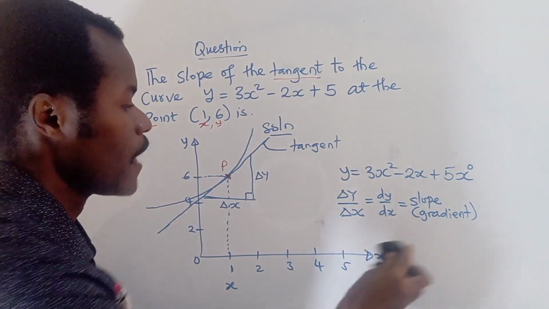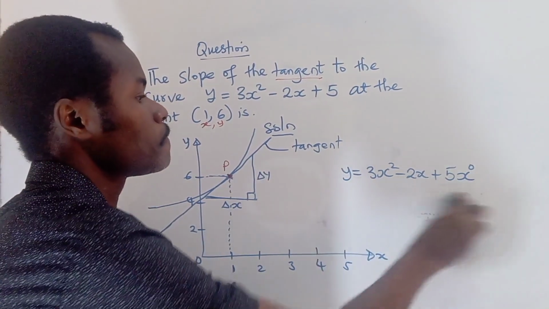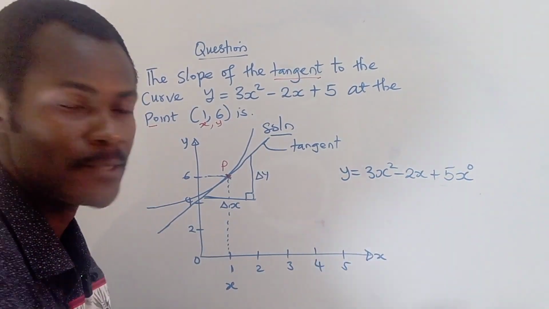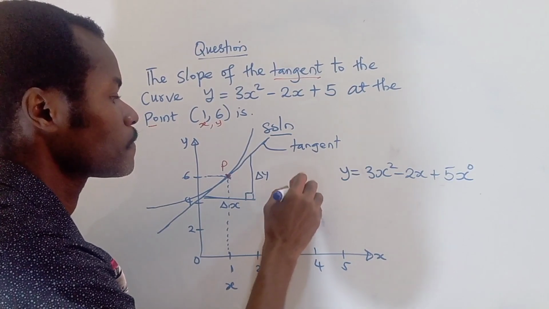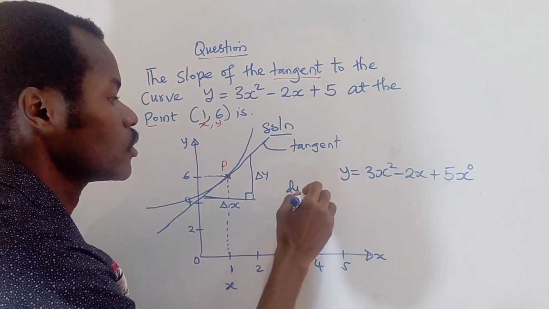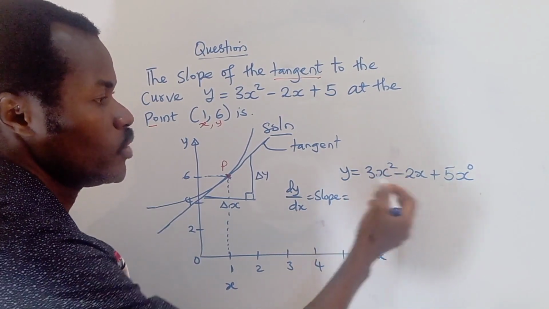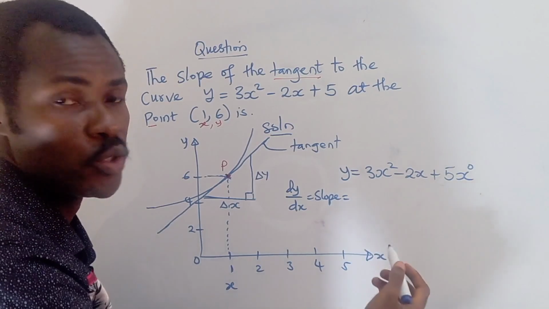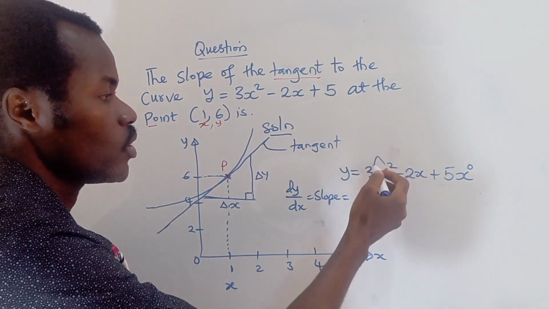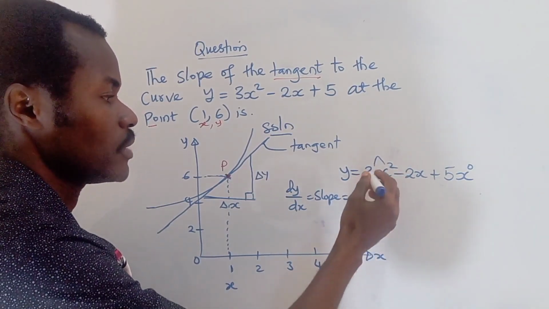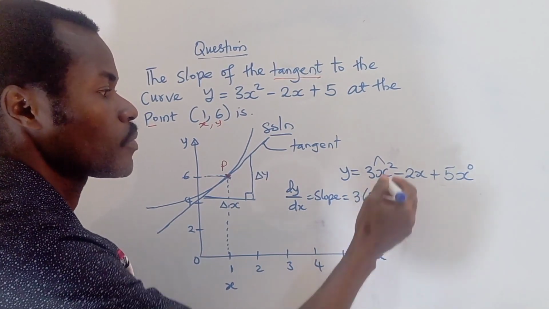So my dy over dx, which is the slope, is going to be, when you are differentiating a polynomial, what do we do? The power 2 is going to come down to multiply the 3, and then we subtract 1 from the power.